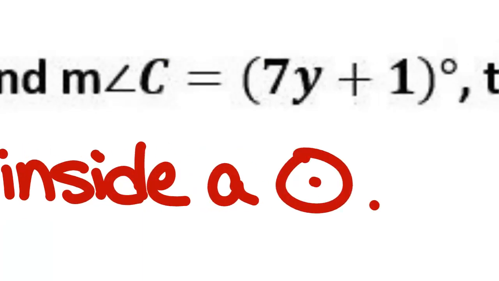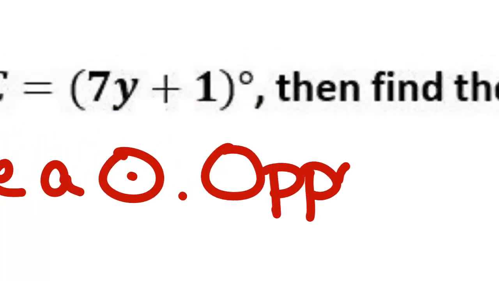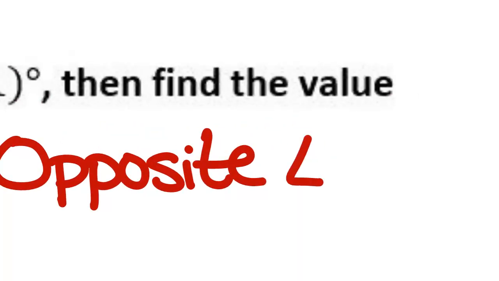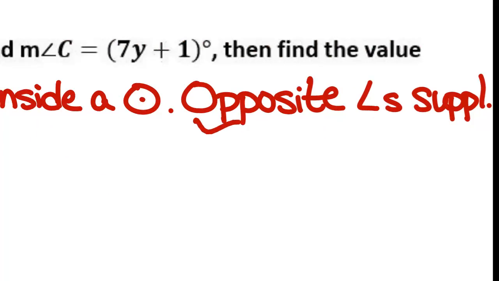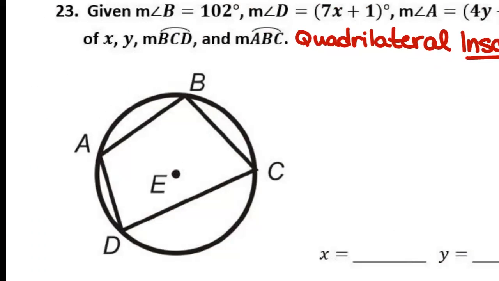When we have a quadrilateral that's been inscribed inside of a circle, that means opposite angles are supplementary. So angles B and D are supplementary. They add to 180. Angles A and C are supplementary. They add to 180.